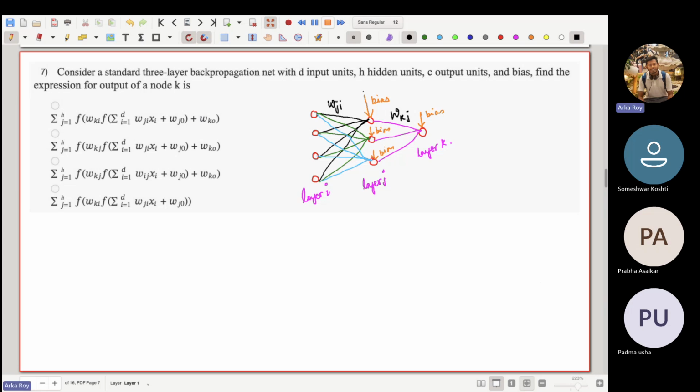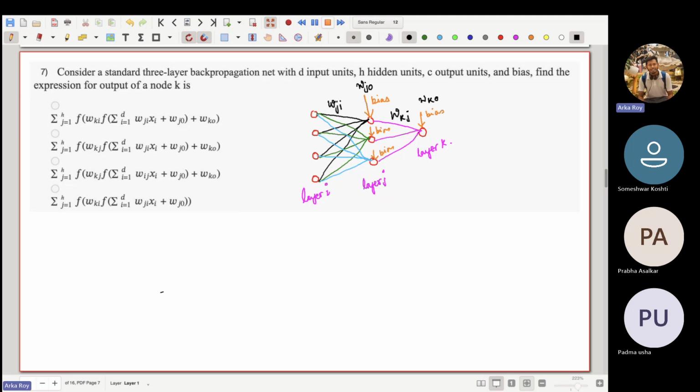And the biases, because this is layer J, you can write Wj0, and over here it would be Wk0.